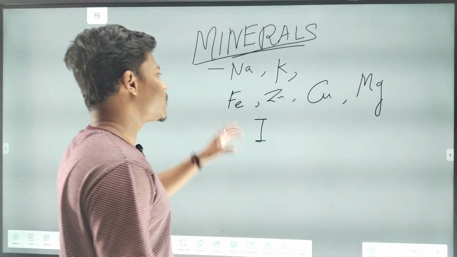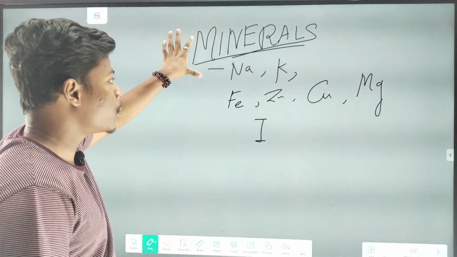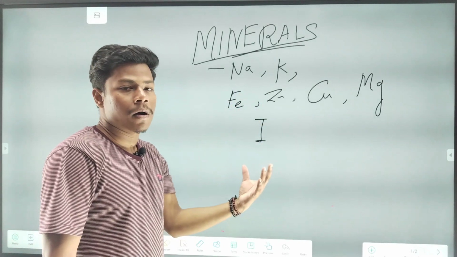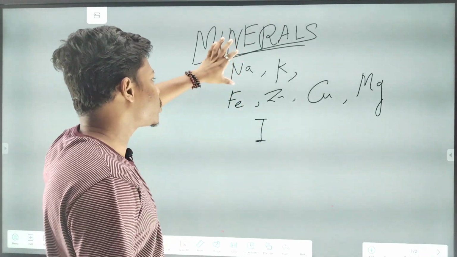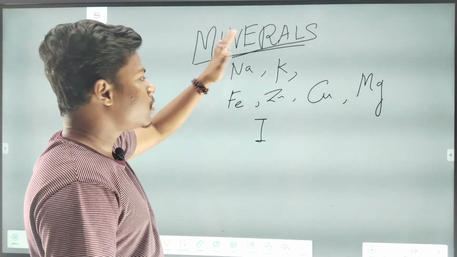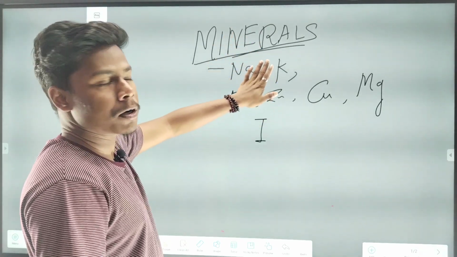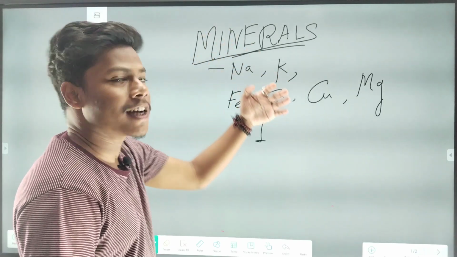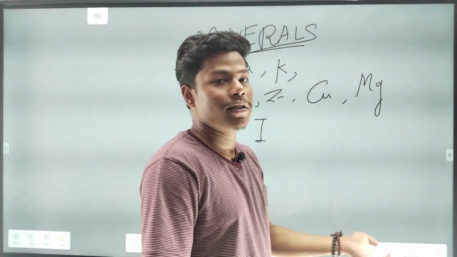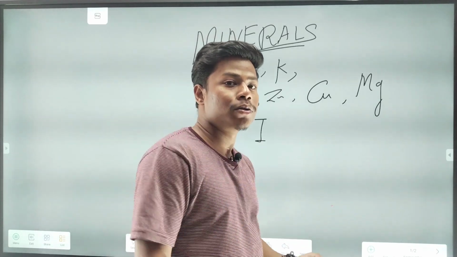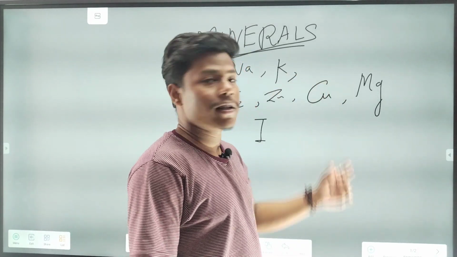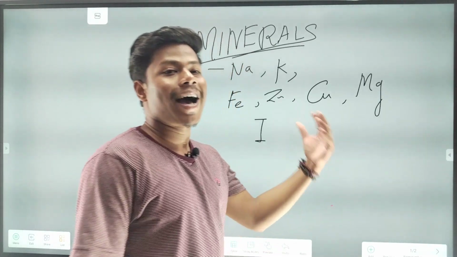These come under the mineral group. Minerals are basically molecules that are required by your body. For example, sodium and potassium are required for your nerves to work, because for the transmission of signals from one nerve to another, through the central nervous system to your peripheral nervous system, we require sodium and potassium ions.